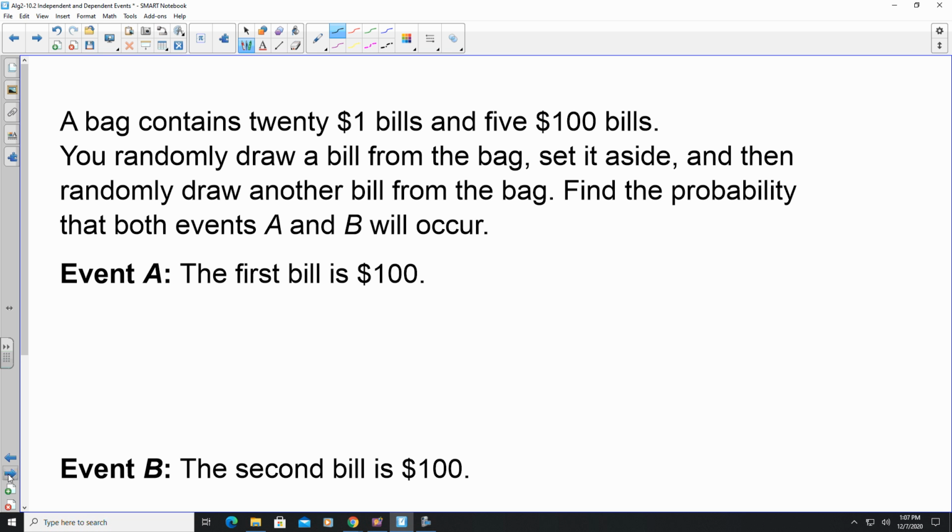So the first event is the first bill is a $100. So there's 20 and then 5, so there's 25 bills total. There are 5 $100 bills, so you have a 5 in 25 chance of getting that. So 5 divided by 25, that is 1/5. So you have a 1/5 chance of getting that.